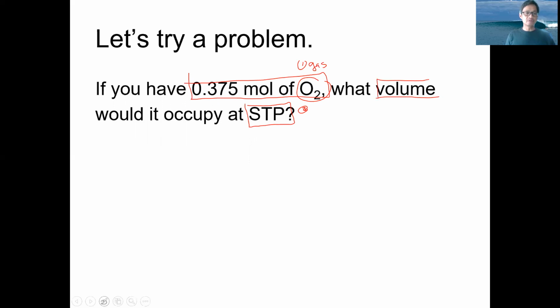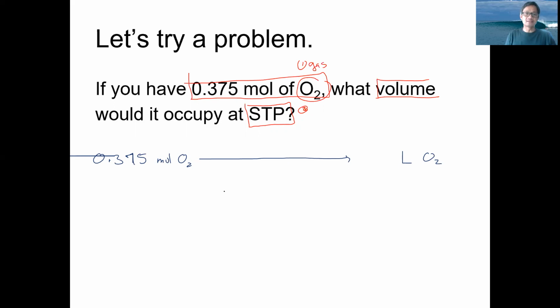So the conversion is going to be this many moles of oxygen, and we're going to convert that to volume. And remember, we're going to use the molar volume here, but the unit for the molar volume is liters per mole, and so we'll end up with liters of oxygen. So that's what we start out with. That's what we're going to solve for.